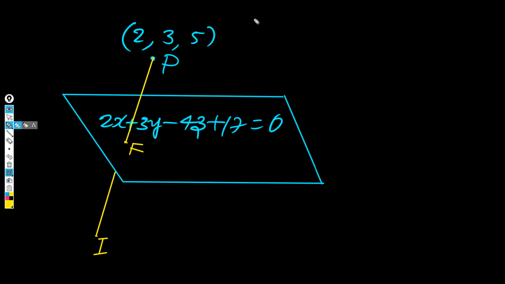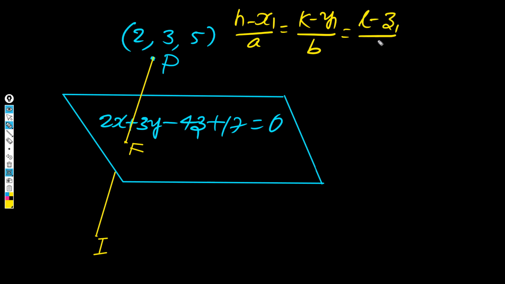No sir, but the formula is in front of me right now. (h minus x1)/a is equal to (k minus y1)/b is equal to (l minus z1)/c, taking h, k, l, is equal to minus of (a x1 plus b y1 plus c z1 plus d) divided by (a square plus b square plus c square).